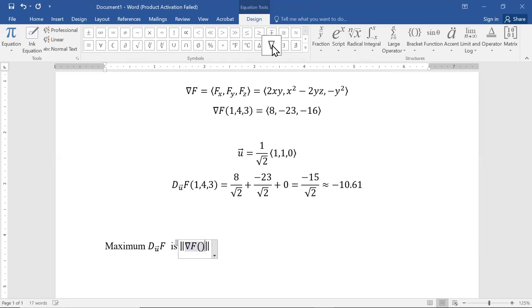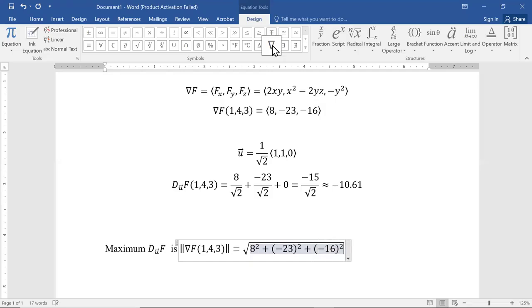And if we're talking about at the point 1, 4, 3, that is going to be the square root of 8 squared plus negative 23 squared plus negative 16 squared.